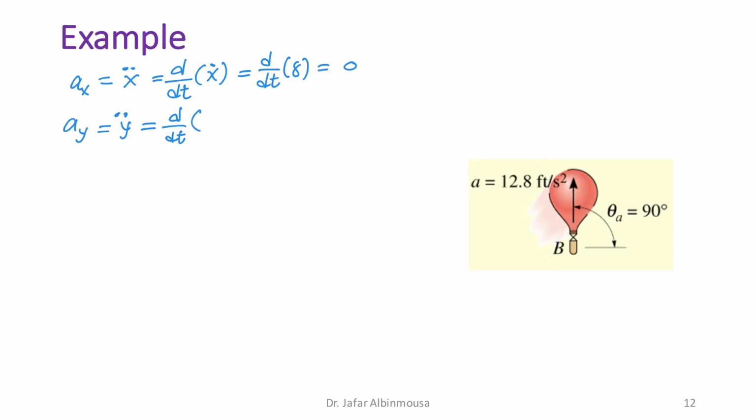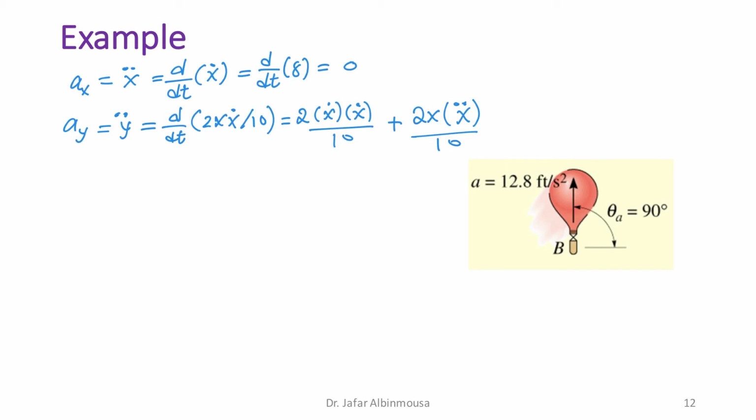Y dot, we calculated in the previous slide as 2x x dot divided by 10. Now here you need to do the chain rule. And for that, you will get 2 x dot multiplied by x dot again, divided by 10, plus 2x multiplied by x double dot divided by 10.